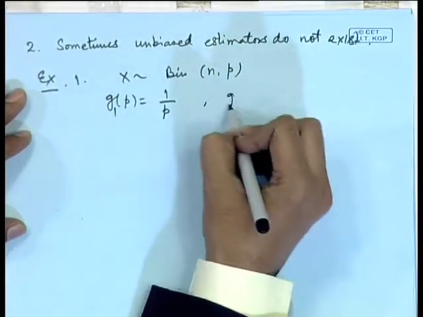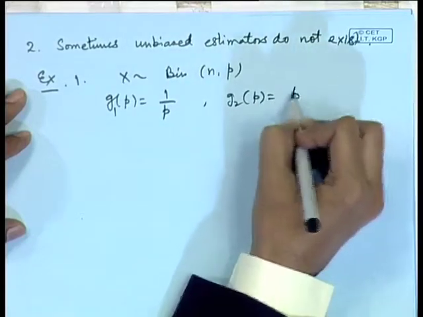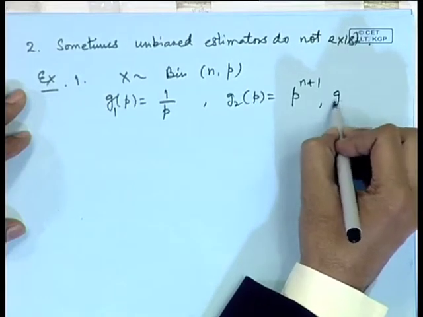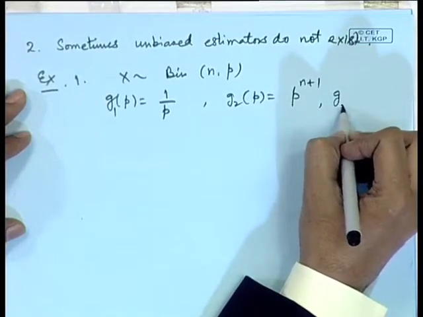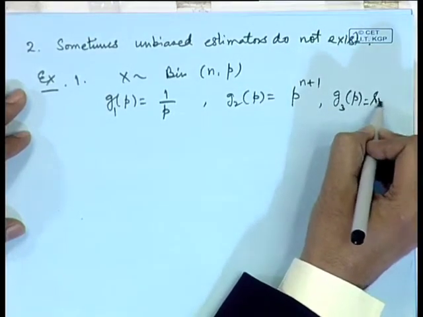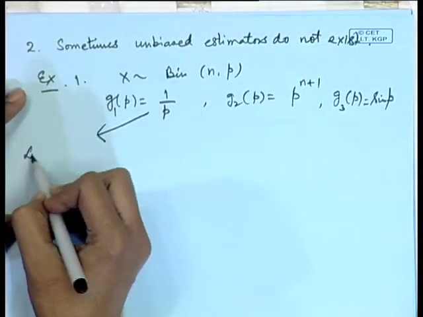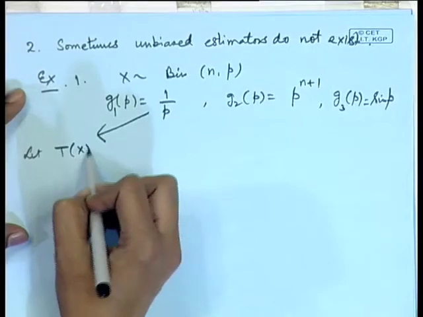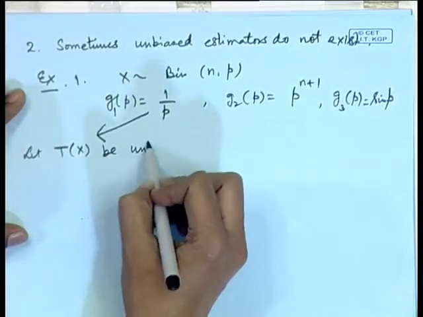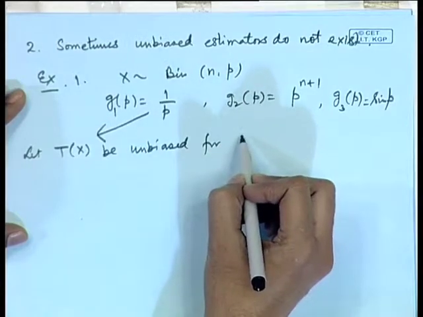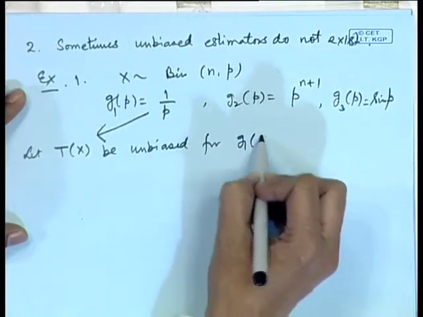I may be interested to estimate, say, p to the power n plus 1, or I may be interested to estimate, say, sin of p. Let us see, let us say T x be unbiased for g 1 p.